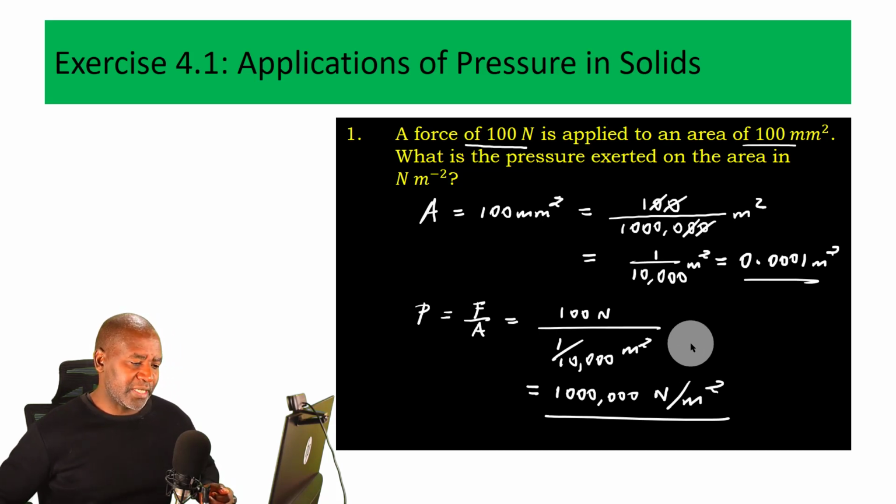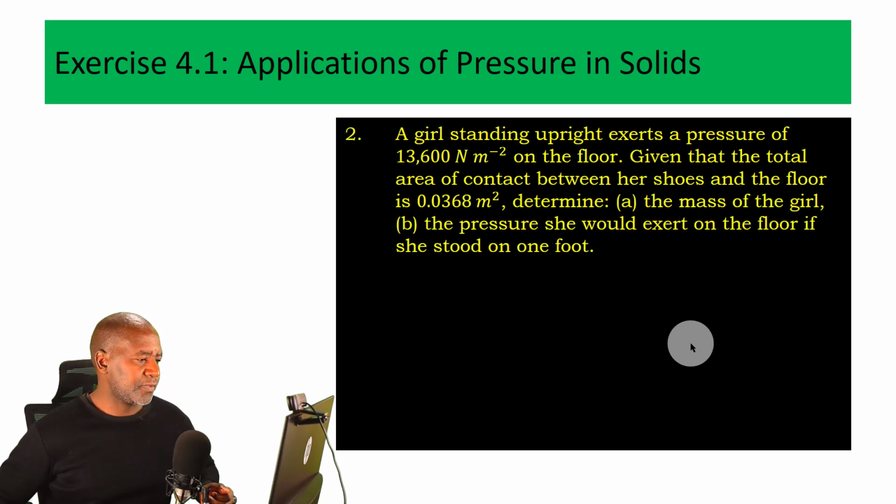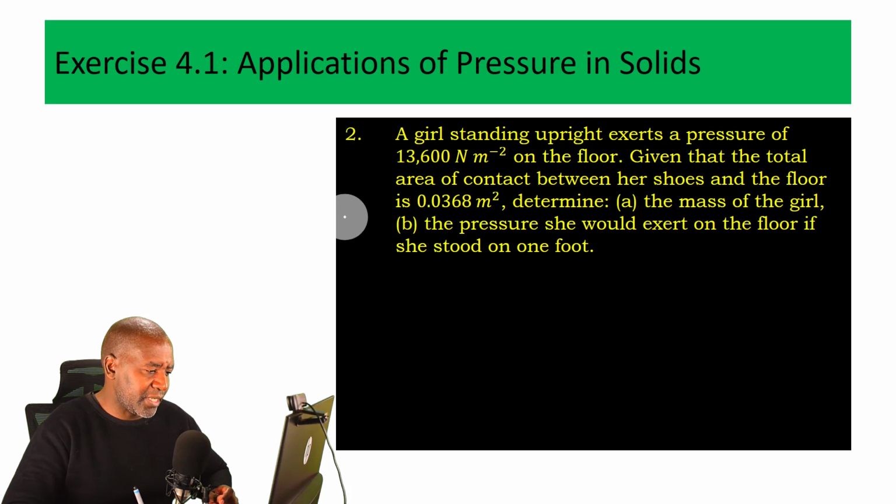Let's look at question number 2. This is similar to one of the examples that I had given earlier on. A girl standing upright exerts a pressure of this much on the floor. Given that the total area of contact between her shoes and the floor is this much, determine the mass of the girl.